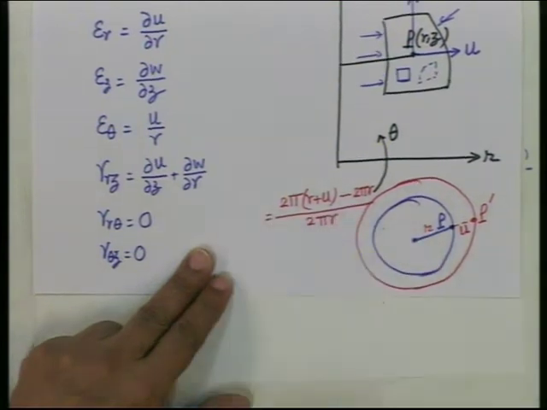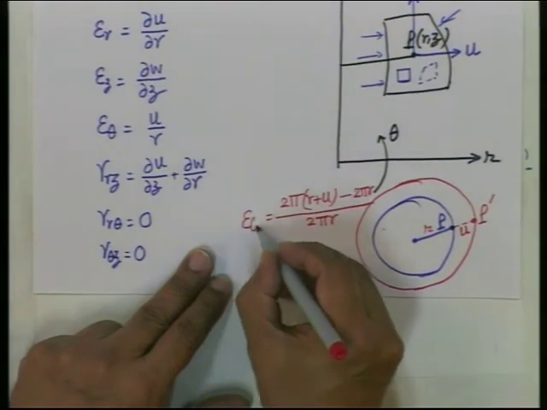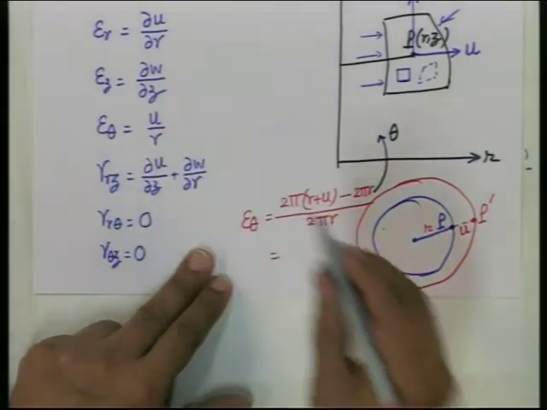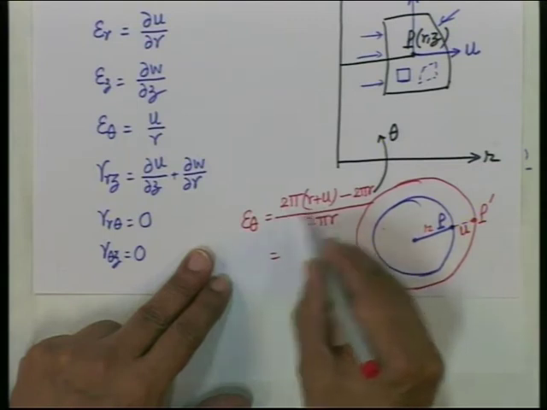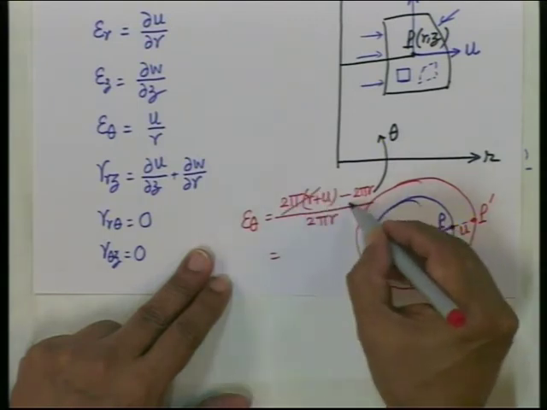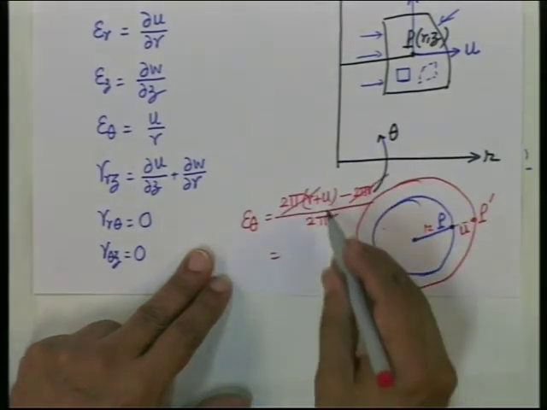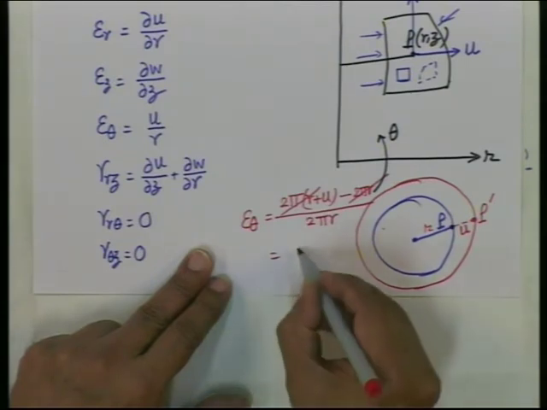You will find that this gives epsilon theta. You can see here 2 pi r will get cancelled, and u by r will be left.